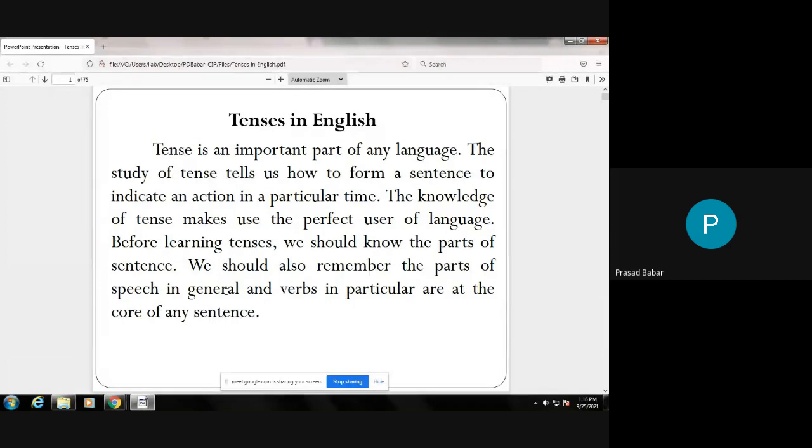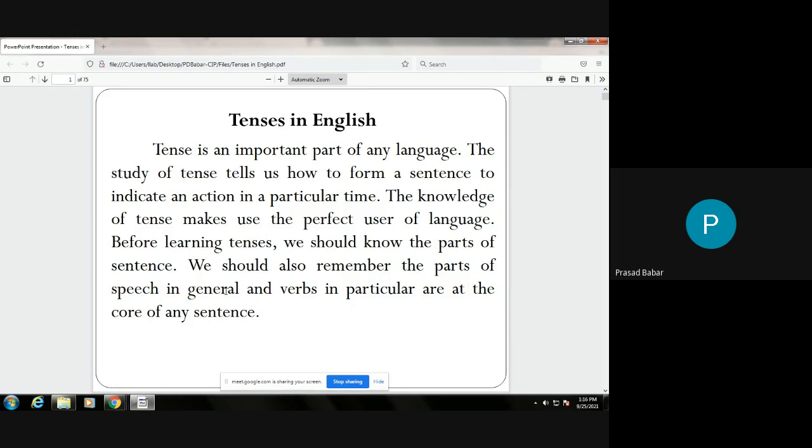And verbs in particular means we use a particular or proper verb to form meaningful sentences. To form meaningful sentences, it is very important to use a particular verb to indicate a particular action.